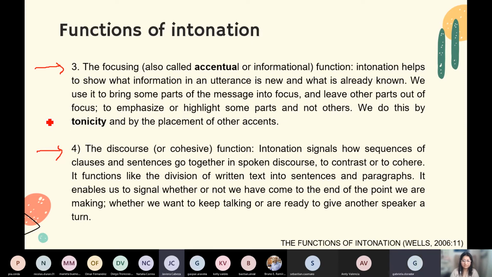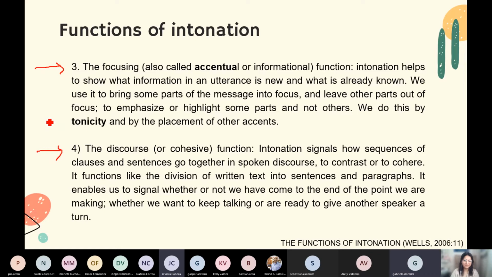The discourse or cohesive function. Intonation signals how sequences of clauses and sentences go together in spoken discourse, to contrast or to cohere. Cohere.